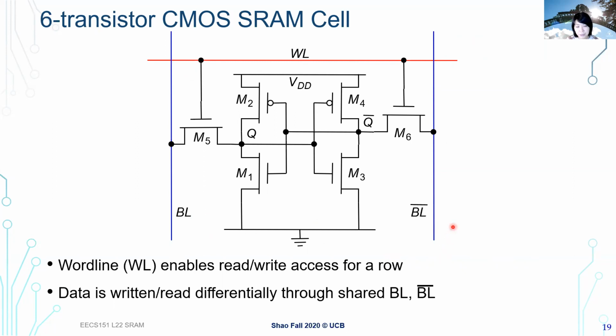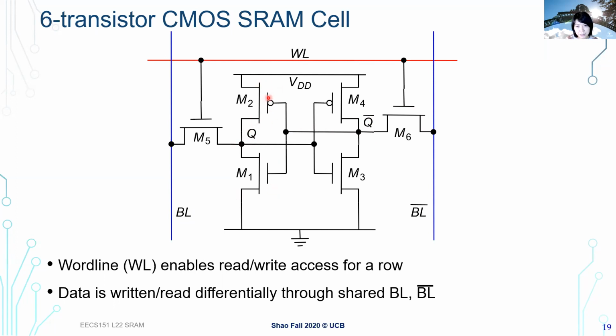We'll go through them step by step to see how we do a read and a write using the 6T SRAM. But for the write operation we discussed earlier, we want to write a 0 to the Q point directly, or we want to write a 1. Instead of writing a 1 here, we write Q bar as a 0, where we can still write a good 0, and then go through this inverter, and then Q will basically be a 0.